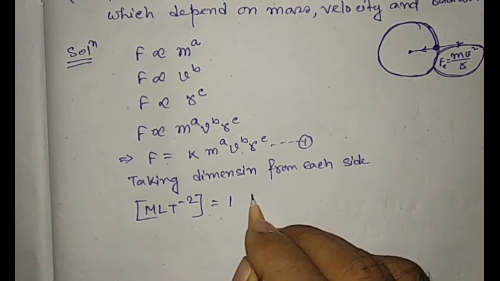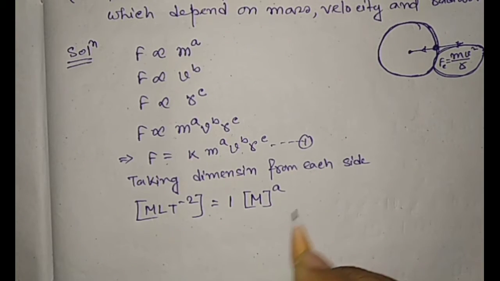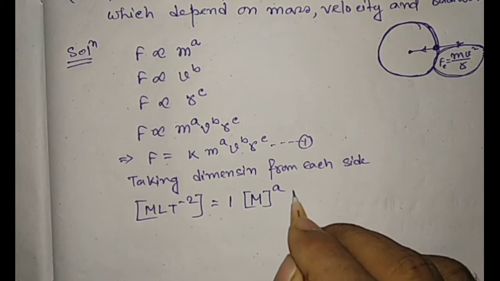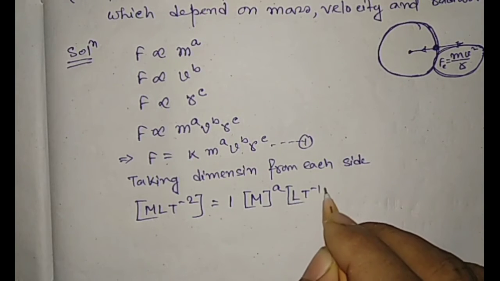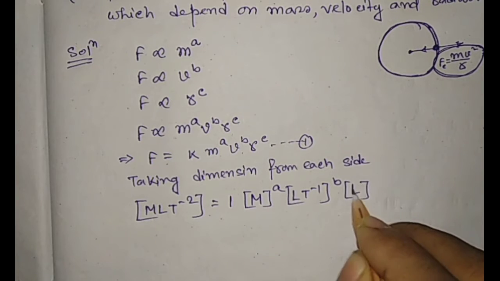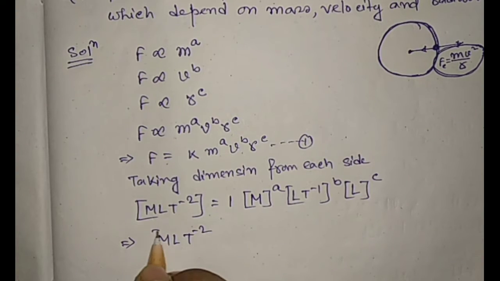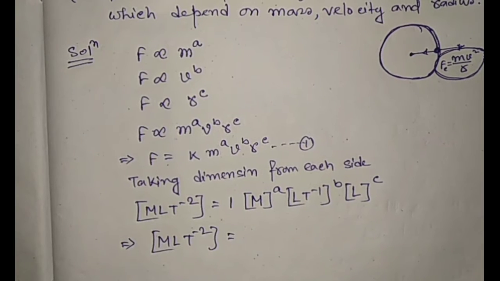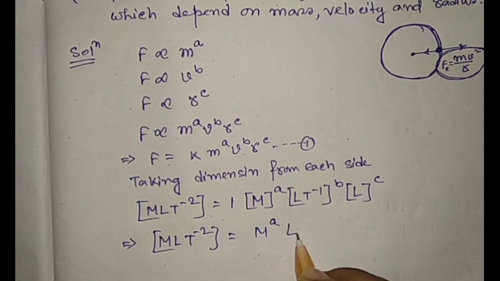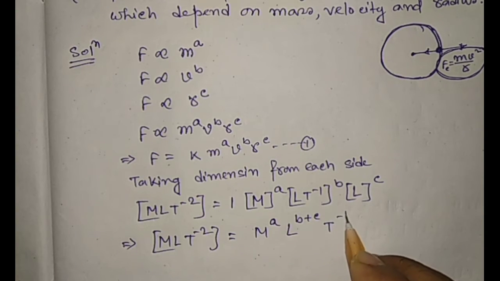Now mass to the power a, the dimension of mass is M. This is velocity, L T to the power minus 1, whole to the power b. This is r, radius means length, to the power c. Or M L T to the power minus 2 equals M to the power a, L to the power b, L to the power c, that means L to the power b plus c, T to the power minus b.